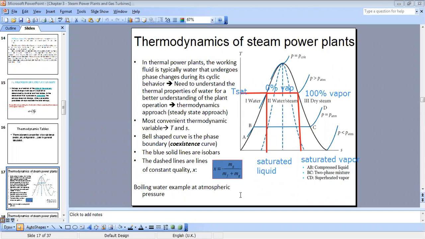So as we can see here, the bell-shaped curve is the phase boundary where we have coexistence of the two phases, vapor and liquid. And inside this zone, we define the quality, which is X equal to the ratio of the mass of gas over the total mass, which is mass of liquid plus mass of gas. Okay? Now, any question on this?